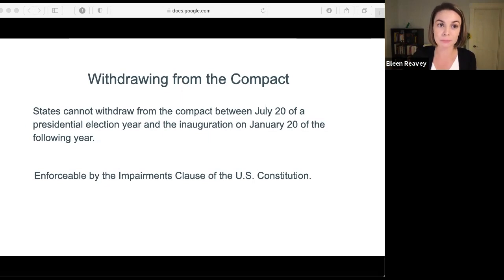Another question people have is, do you mean that we could have it and then states could withdraw and we wouldn't have it in a future presidential election? Technically, yes. But I absolutely believe that once we get a national popular vote for president, the rest of the country is going to see how great this is, and more states are going to sign on.